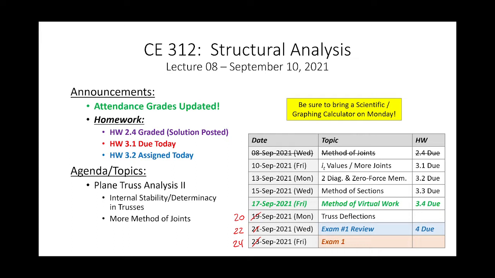So, all right. But yeah, what we're going to do for this lecture is I'm going to explain this process. The name for the method is the method of virtual work. The execution of the method is really straightforward. If you understand how to solve trusses, then truss deflection is just solving trusses and plugging and chugging.